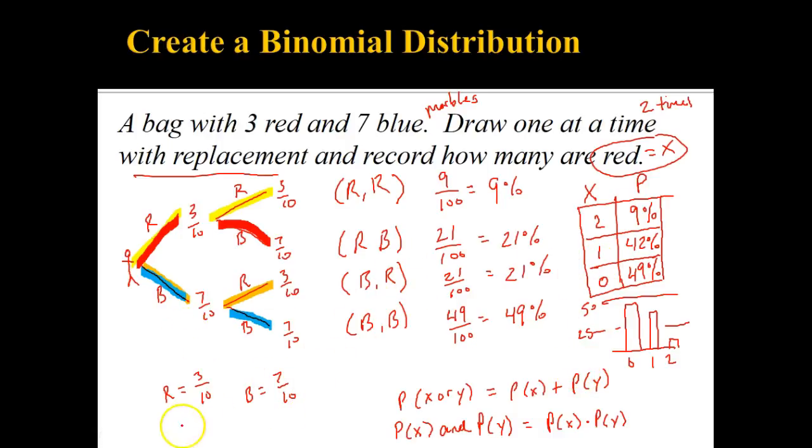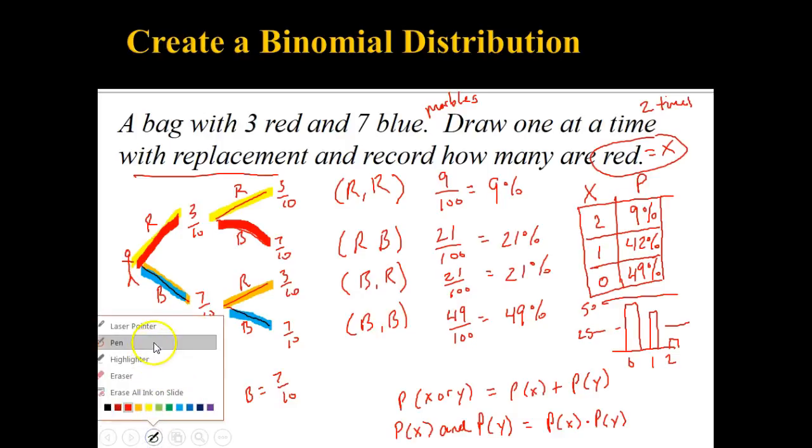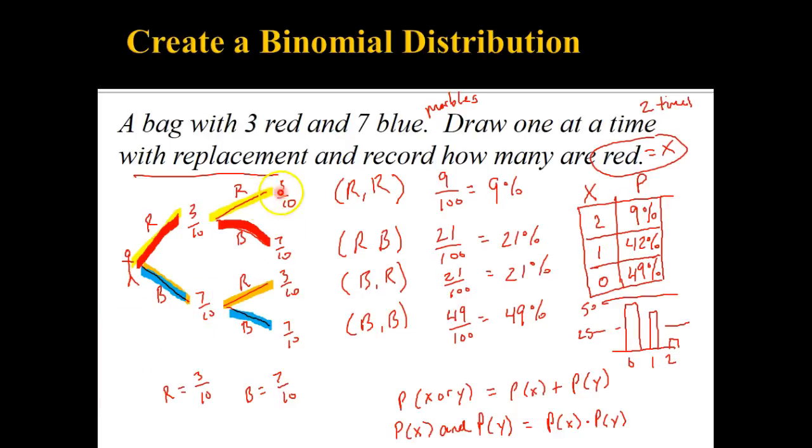Let me just point out that if I had decided to do 3 draws, then I would have had to draw 8 more V's, 8 more sets of branches, which is 16 branches, right? 2 more here, 2 more here, 2 more here, 2 more here, and so then I would have 4 more pairs.